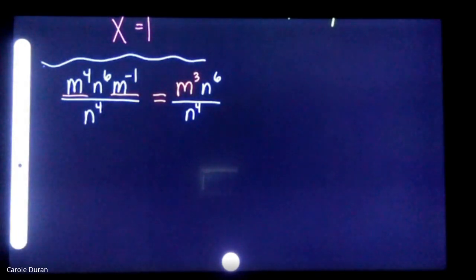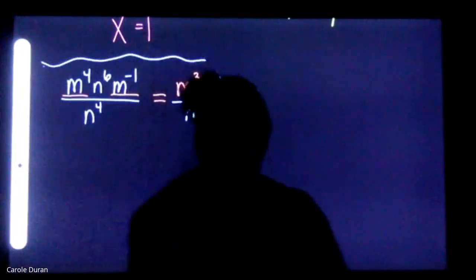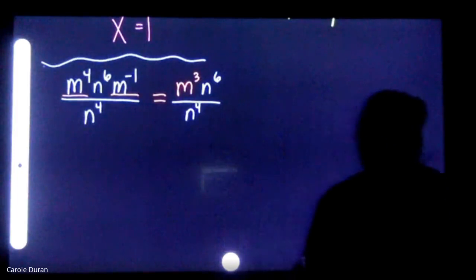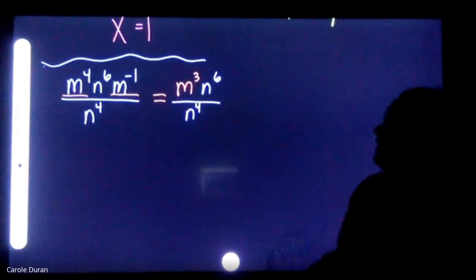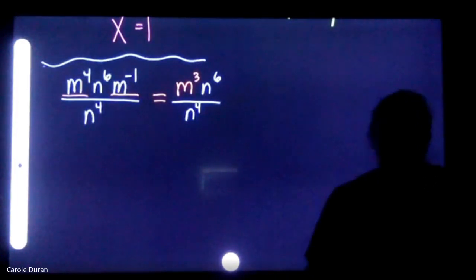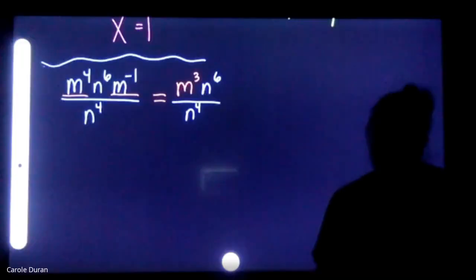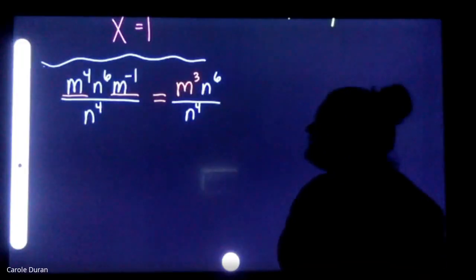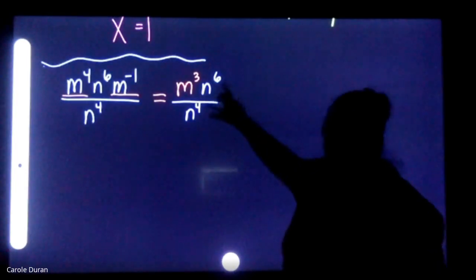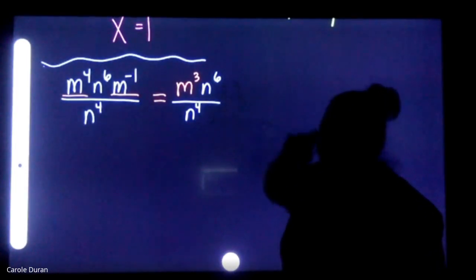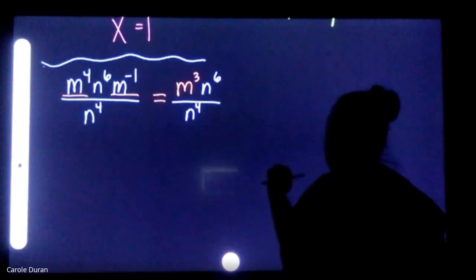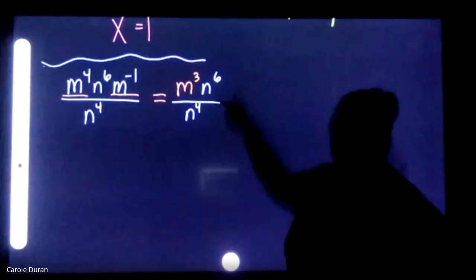So now that my numerator and denominator are as simplified as they can be, I get to simplify across the fraction bar. Okay, so what do I notice that both my numerator and my denominator have? N. They have an n. So what I need to do is decide which one of these n terms is bigger, the numerator or the denominator. Numerator, because it's a 6, whereas this one's a 4.